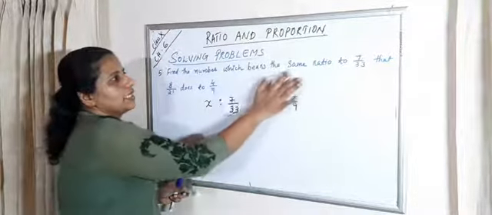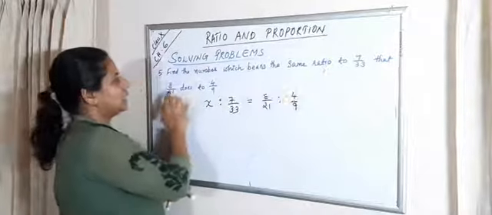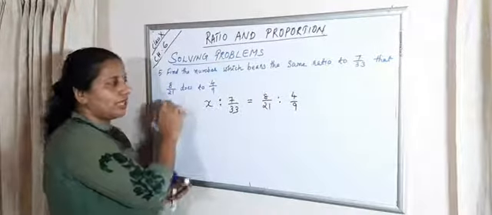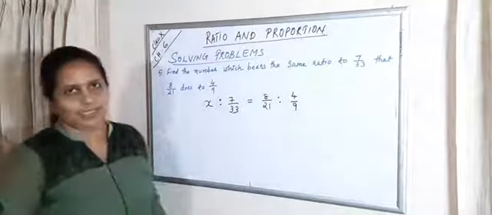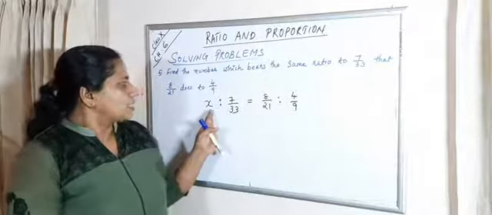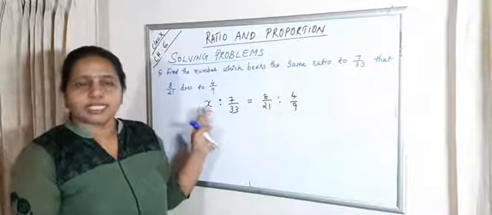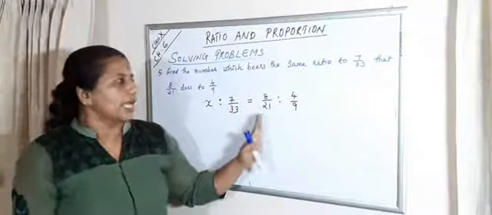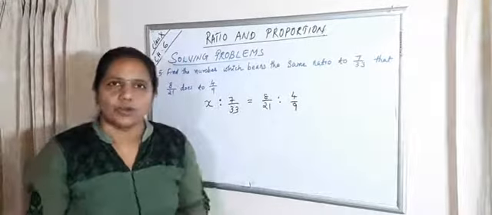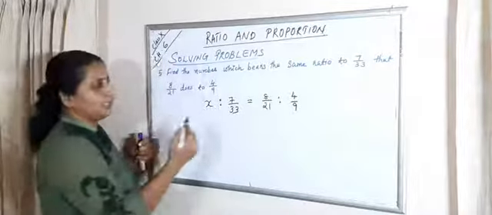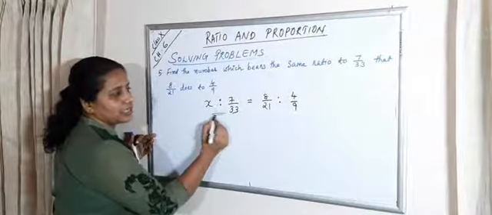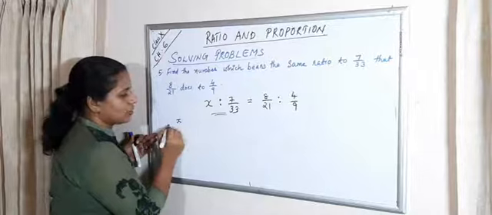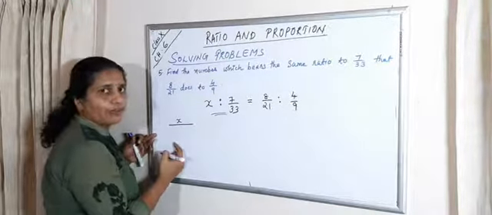That is the same ratio to 7 by 33 that 8 by 21 does to 4 by 9. So our ratio is x is to 7 by 33 equal to 8 by 21 is to 4 by 9. Now how can we write this ratio? We can write it in the form of a fraction.